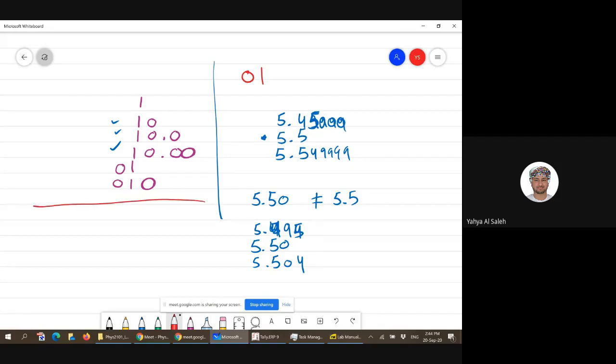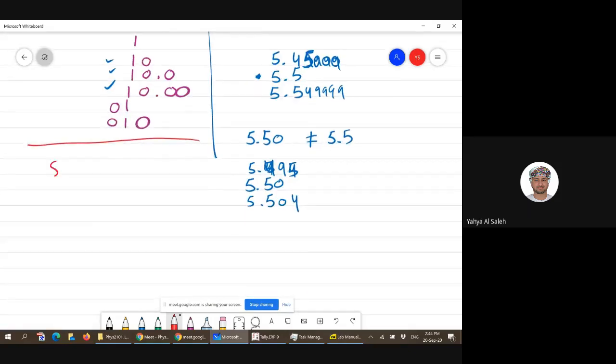So we define a significant figure to be a number that actually makes a difference. What do I mean by this?